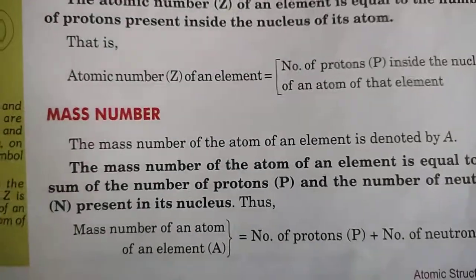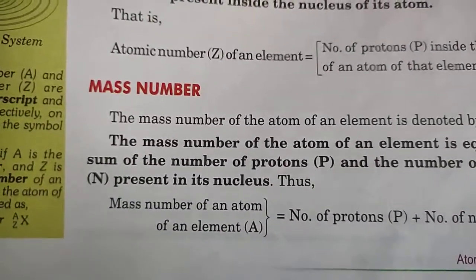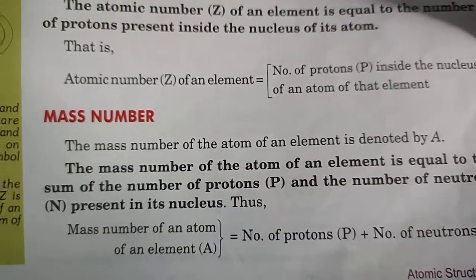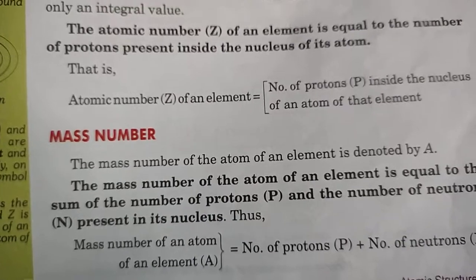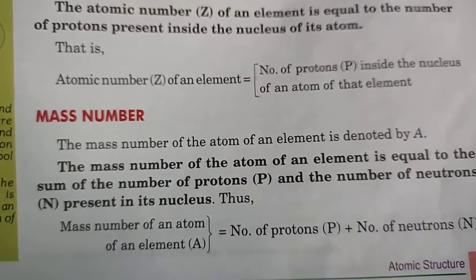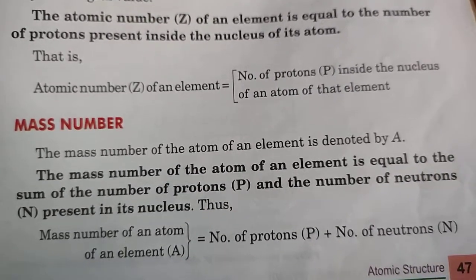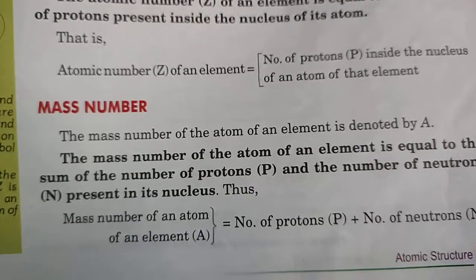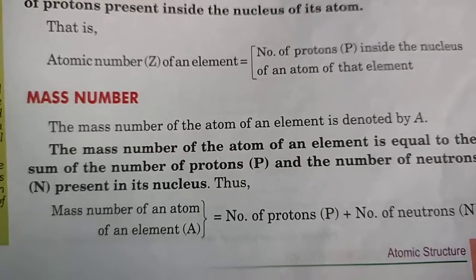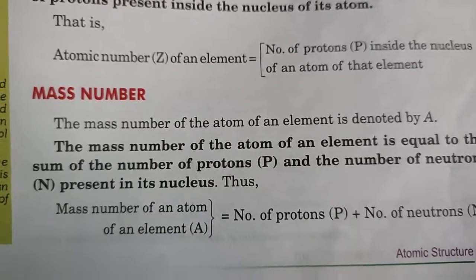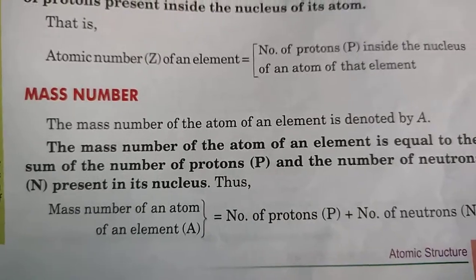Now mass number. The mass number of the atom of an element is denoted by A. First of all, atomic number is denoted by Z. The mass number is equal to the sum of the number of protons and the number of neutrons present in the nucleus. So mass number A is equal to number of protons plus number of neutrons.